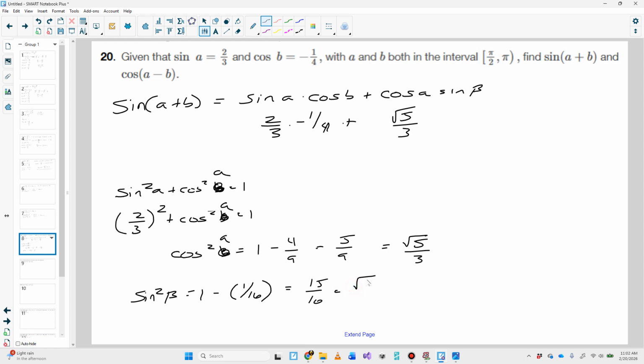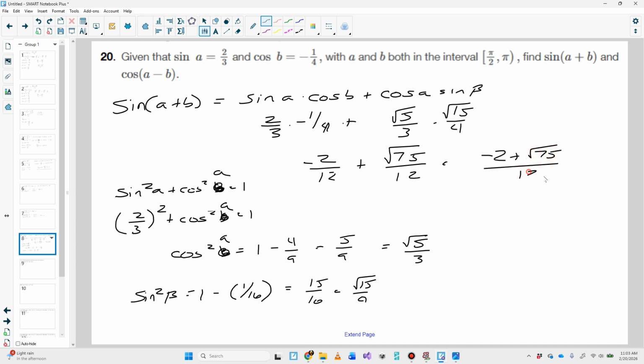So sine B is going to be equal to the square root of 15 over 4. Multiply these together. That is going to be negative 2 over 12, and that's going to be the square root of 5 times the square root of 15, which is just the square root of 75 over 12. And so that's equal to 2 plus the square root of 75 over 12.